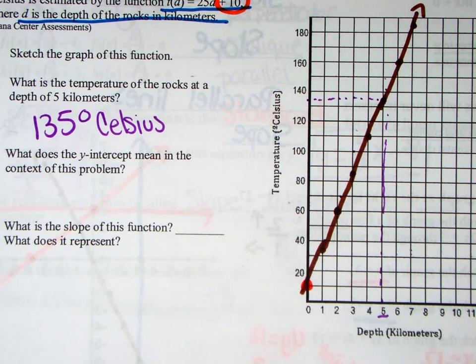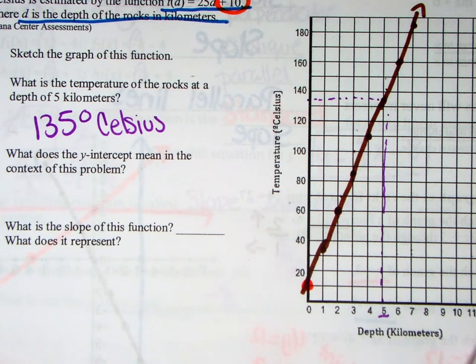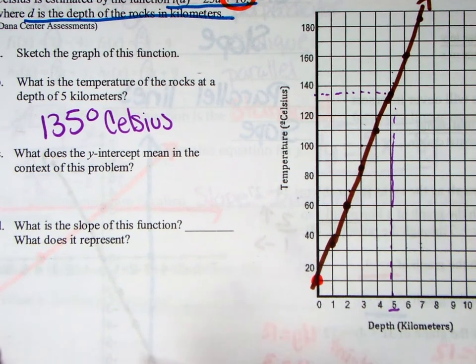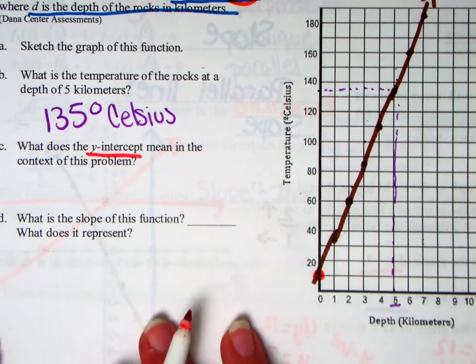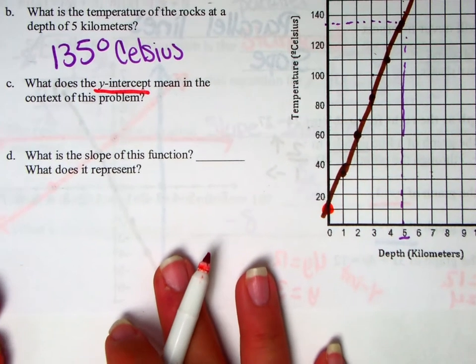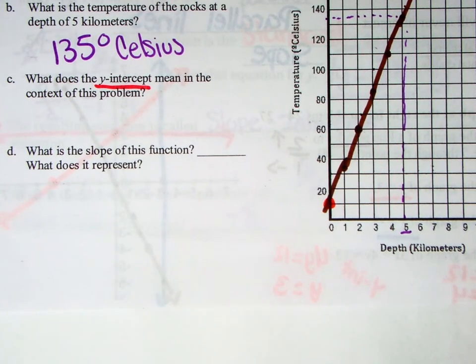Last two parts right here. What does the y-intercept mean in the context of this problem? Well, we know the y-intercept is 10. That's a given. We were told that in our equation. But how far down did we go? Did we go down at all? They're giving us a keyword right here, y-intercept. Whenever we're talking about y-intercept, we always know that's the initial, your starting amount or value.